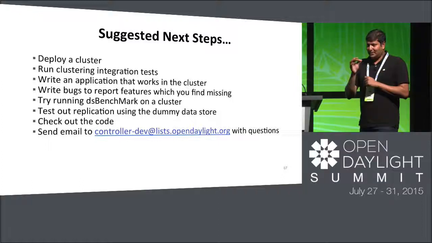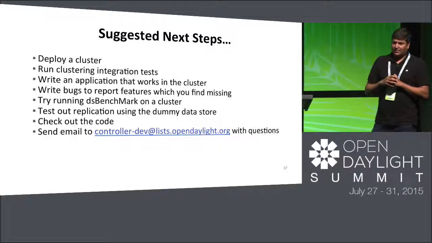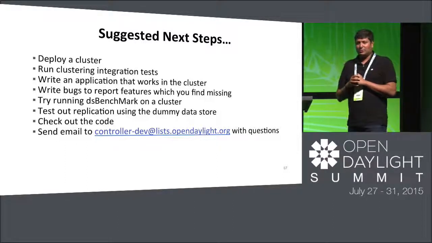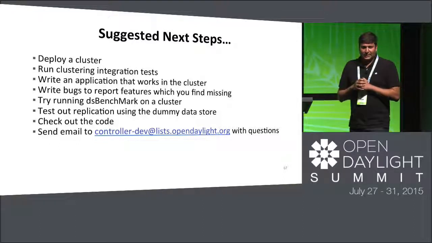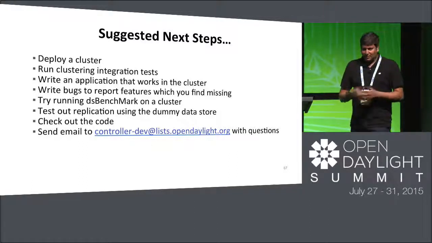But when I say ready, that's an internal SPI method. When you're building an application with a binding aware broker, you never know about ready, because what you're essentially doing is creating a transaction, and then doing a put or a merge on it, and then submitting the transaction. So those are the methods, right?